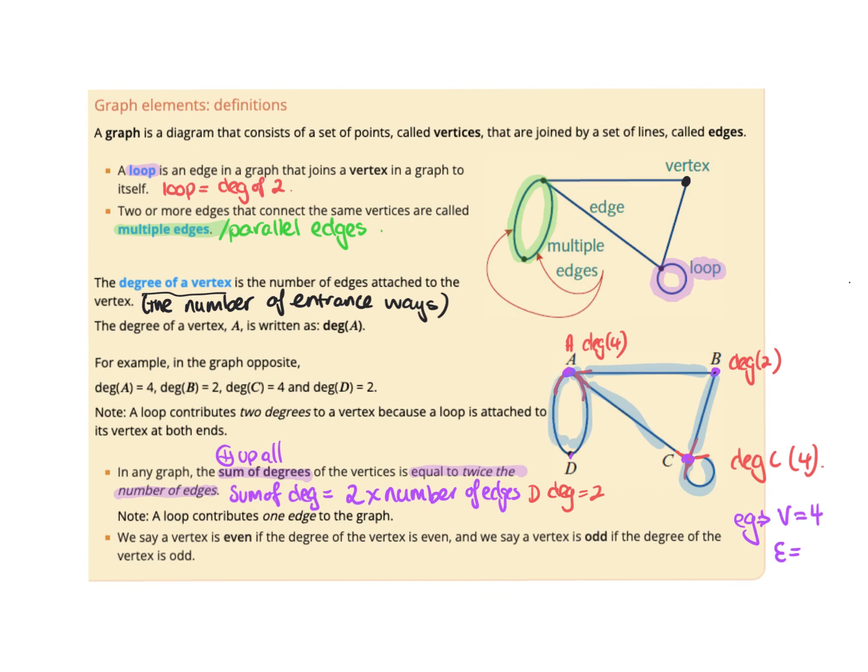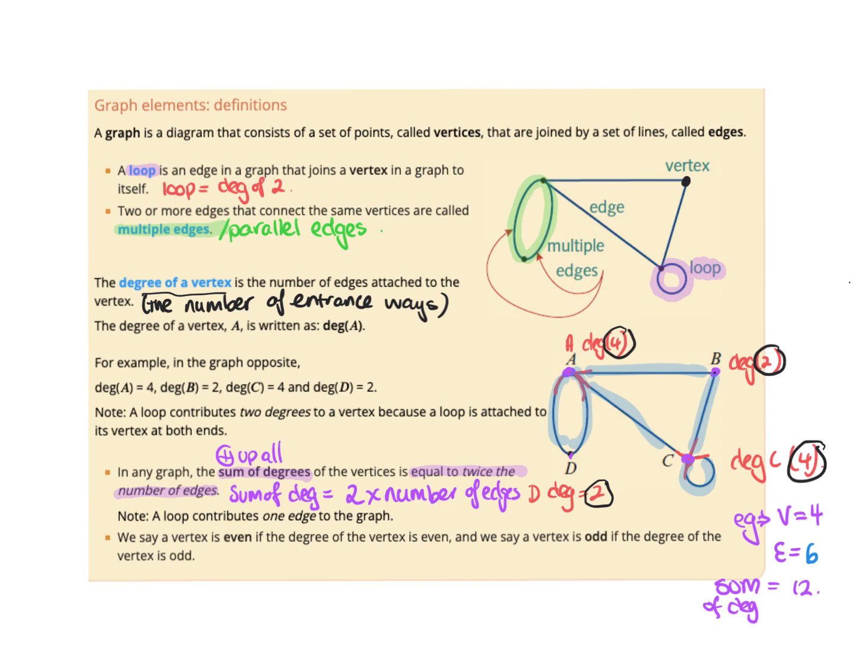So we have 6 edges there. So in this example, the sum of degrees should equal 12. So let's have a look at it. If you've got 4 plus 2 is 6, plus another 4 is 10, plus this 2 is 12. So it did equal that, yeah? So just to show you that that worked.